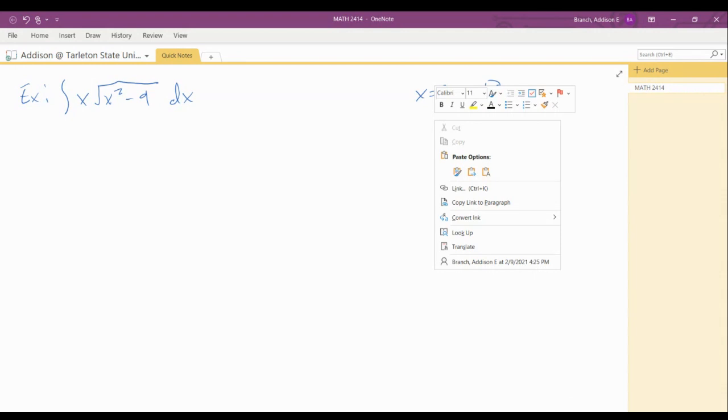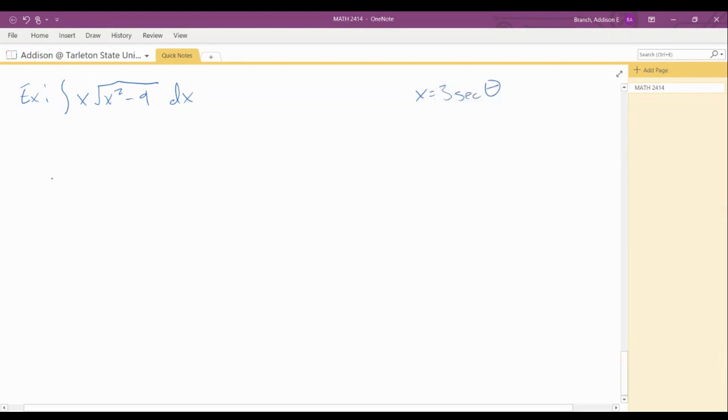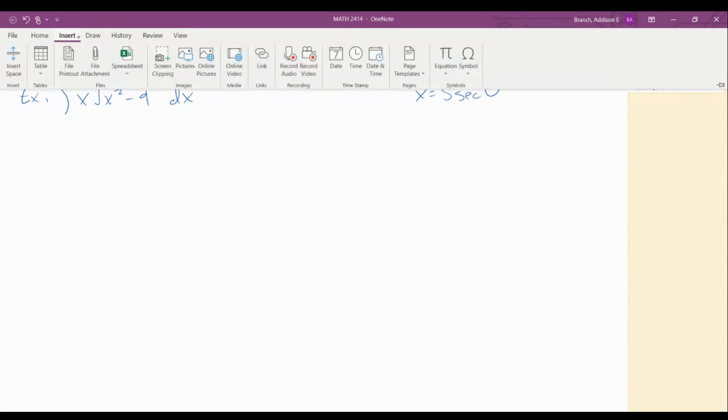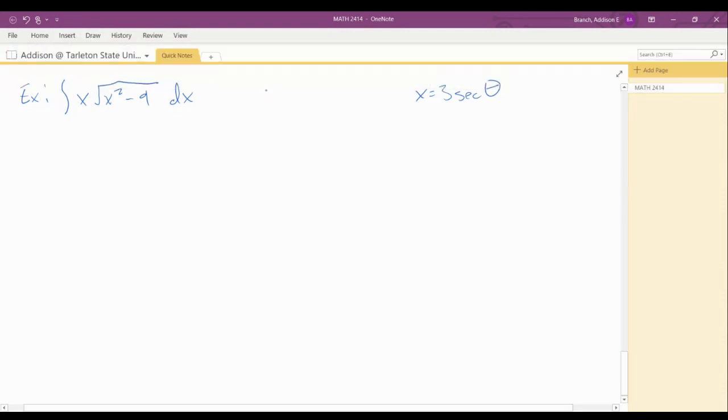But, oops, we have an x squared and an x. If you see that, you should be thinking u sub. So here we could actually instead say that u is x squared minus 9, du is 2x dx, so x dx is du over 2, giving 1/2 integral of u to the 1/2 du.